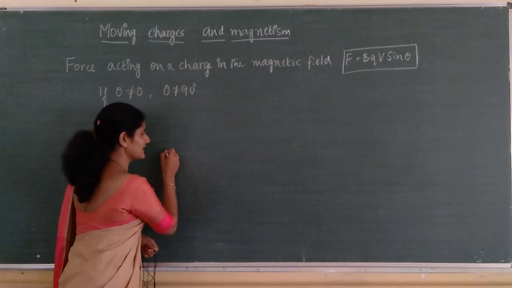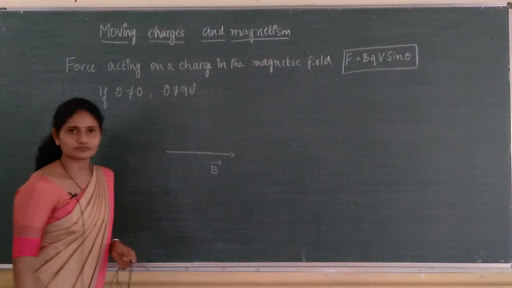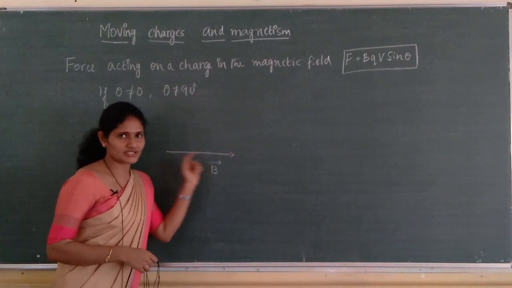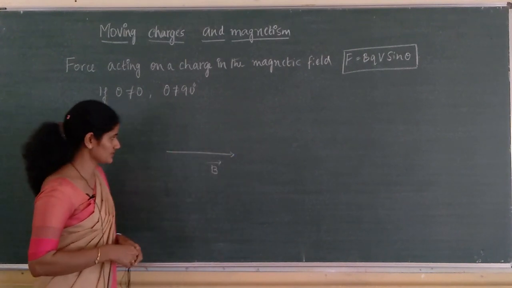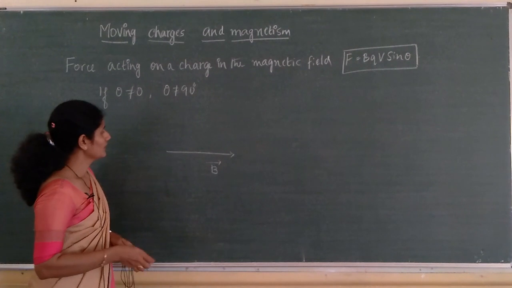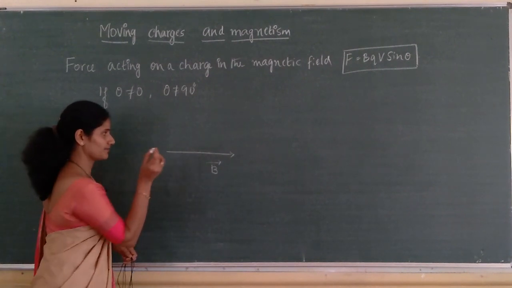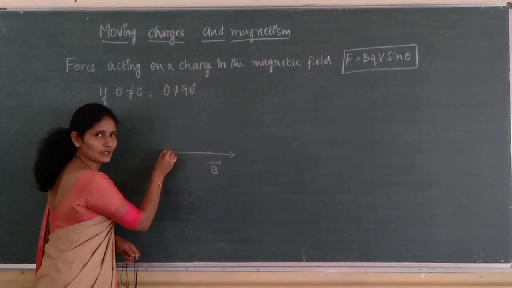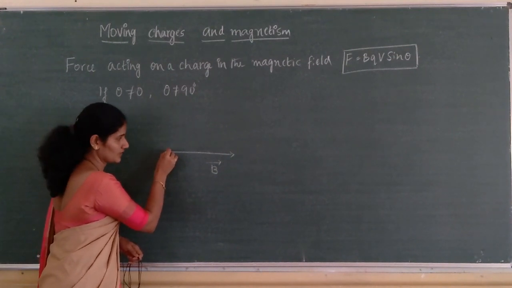You just imagine that this is the direction of the magnetic field. The magnetic field is in this direction. It is a vector quantity, so it is directed along the x-axis. If the magnetic field is like this, and the direction of velocity is like this, then we can say that B and V are perpendicular to each other, theta is equal to 90 degrees.